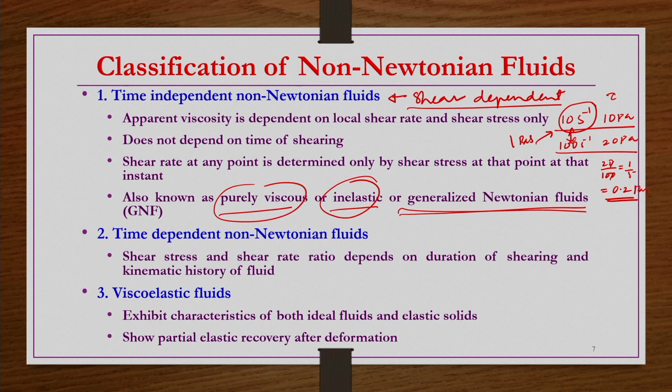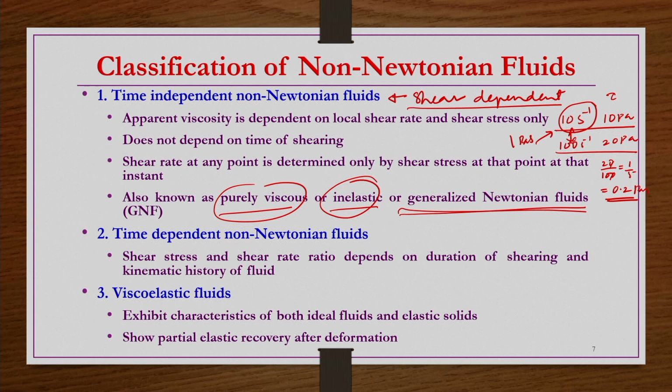For an elastic material, we know that when you apply an external force, it undergoes some deformation, but when you remove the applied force, the material tries to regain its initial shape. Some materials regain their initial shape completely, so they are perfectly elastic. Some materials regain their initial shape only partially, so partial recovery is there.